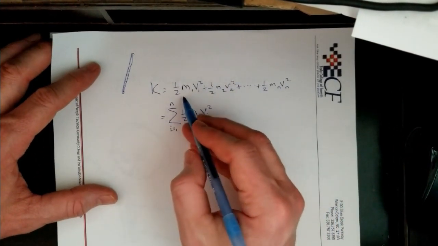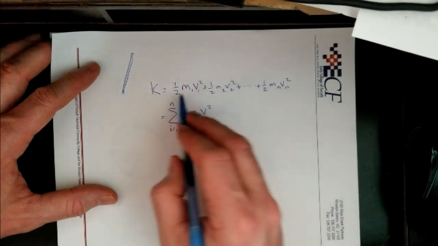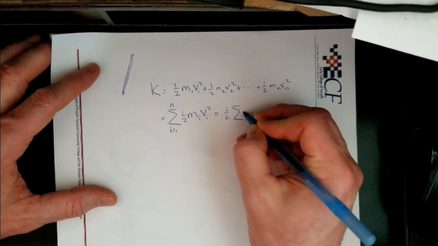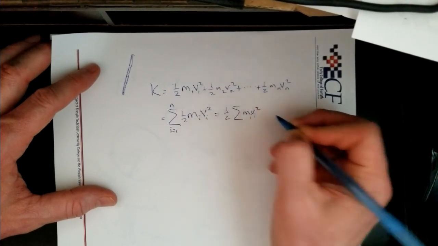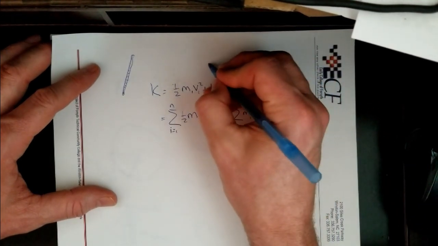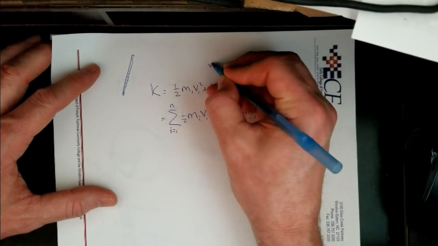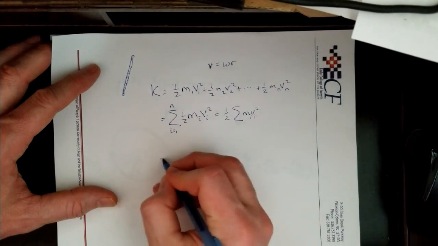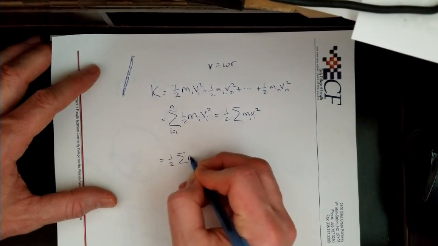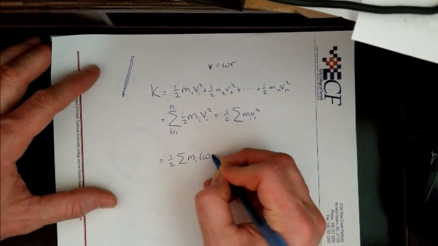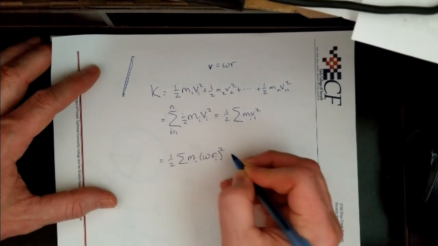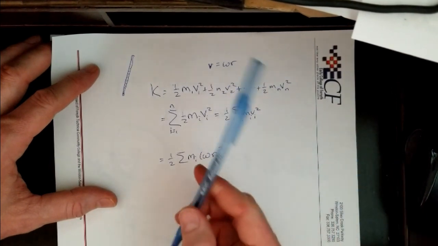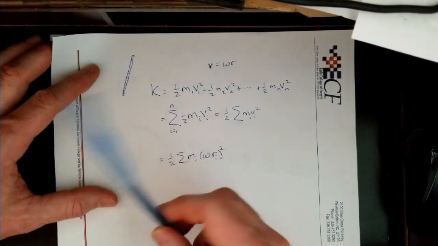Well, this is just a sum here, so let me factor out what I can. 1/2 is common to everything, so I could factor 1/2 out. That's 1/2 times the sum of m_i v_i squared. And I know from what we did on the previous page and earlier in this semester that v is equal to omega r. So this would be 1/2 times the sum of m_i times omega r_i, squared. Now this omega is the same for everything. Again, we're dealing with rigid body rotation, and so everything is rotating at the same angular speed.